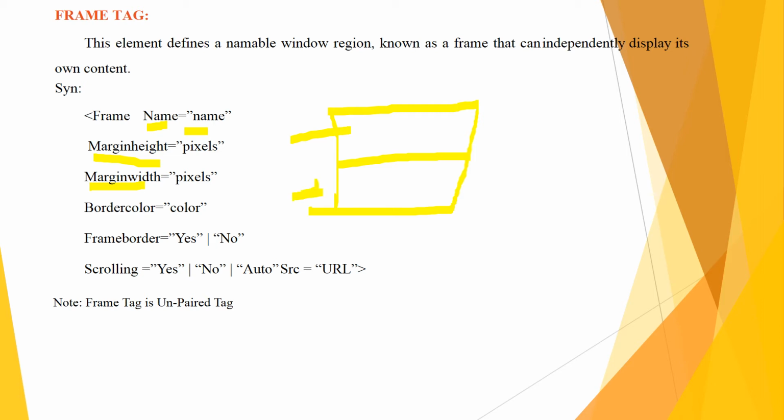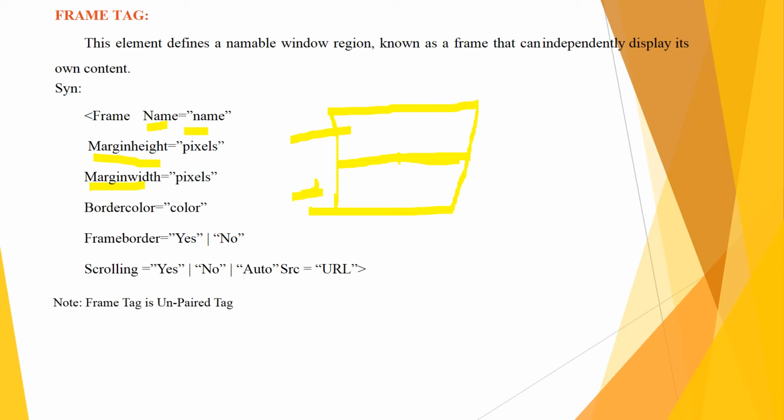Margin height and margin width we have to mention in pixel values, and border color also. Frame border: if the value is yes, then it displays the border color. If its value is no, then it displays no color, meaning white.